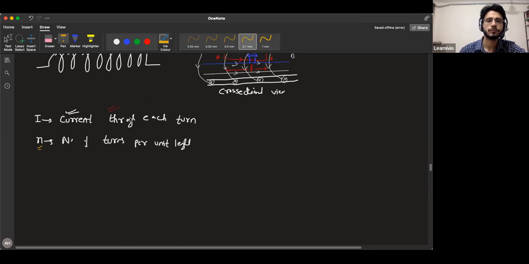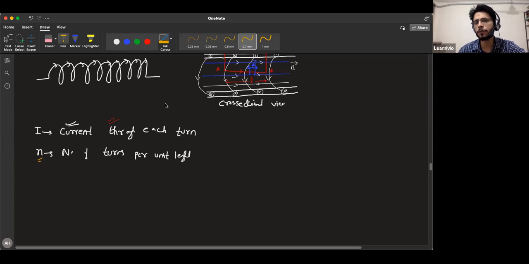So I is the current through each turn, n is the number of turns per unit length.